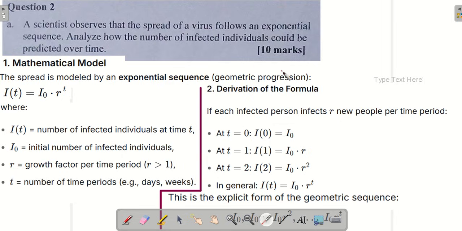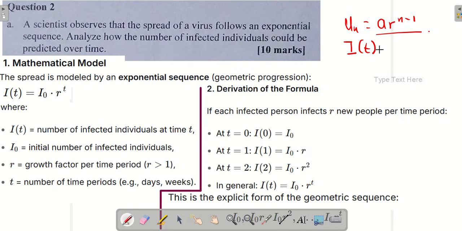Normally in science and in virus infection, we use the infection rate as I. We know that our normal geometric progression, the nth term, un, is ar^(n-1). Normally under virus infection we use the spread rate as I. So instead of u, I am using I. Then for the number of times, we use t to represent the time it takes for the virus to spread. So instead of n, we use t.